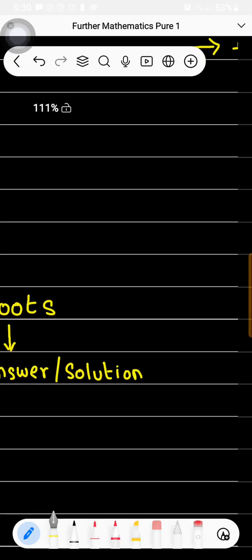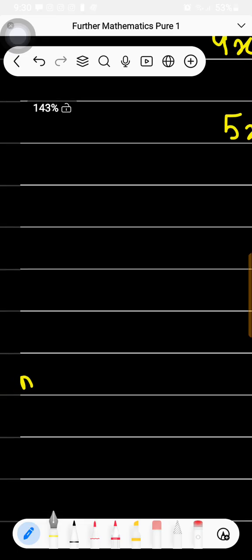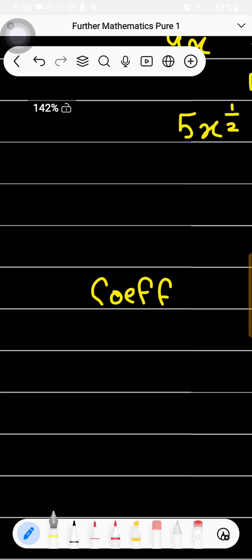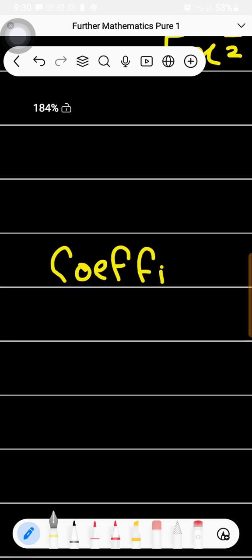We will discuss it. And the second word is coefficients, which have a very vital role in this chapter.